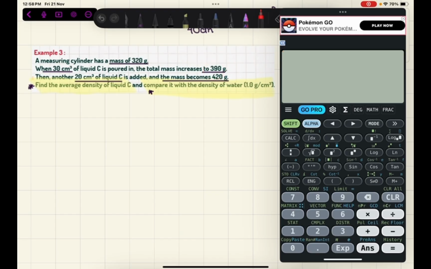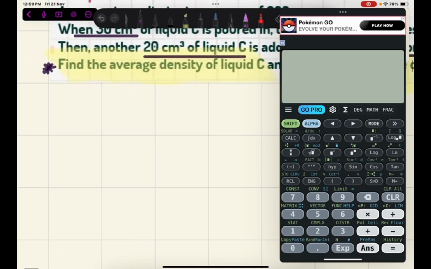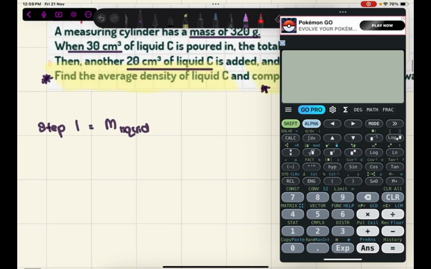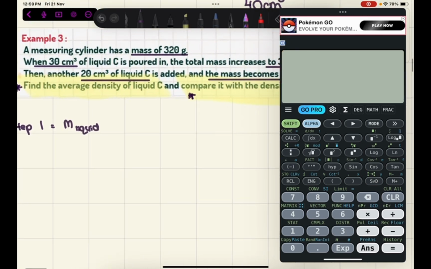So the first thing we need to do is to find the mass of the liquid itself. So for step 1, we need to find the mass of liquid. How to find it? Use the same formula that we have learned before.